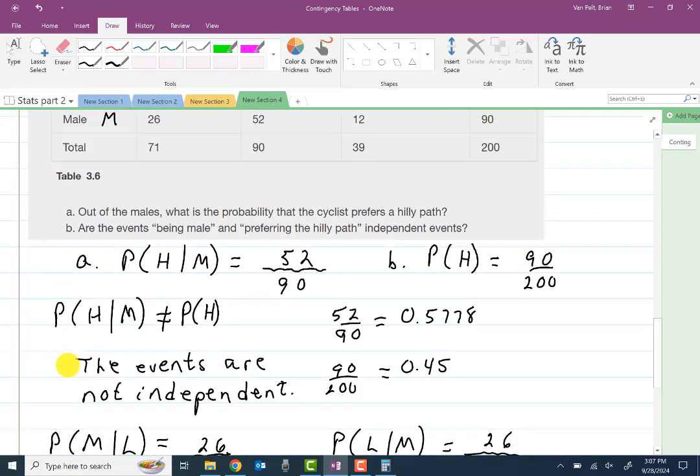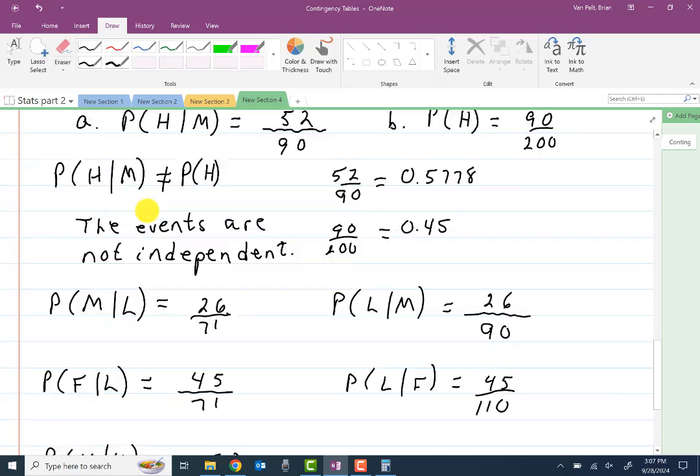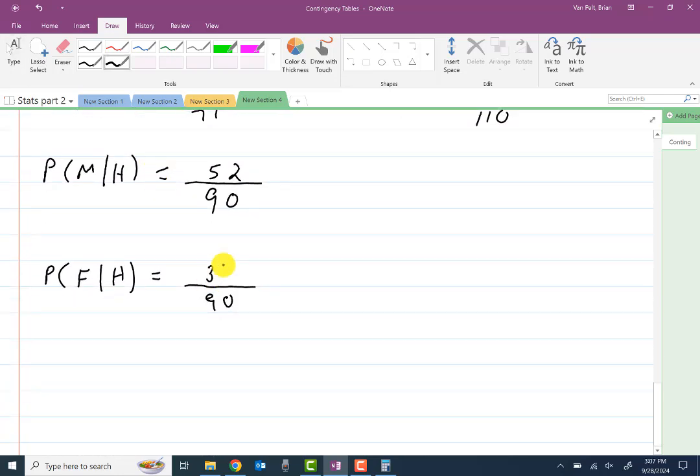Of those 90 who like it hilly, 38 female. Next, the probability of H/F. I remember that there's 110 females in this study. And we also know that the numerator is going to be the same as this one.